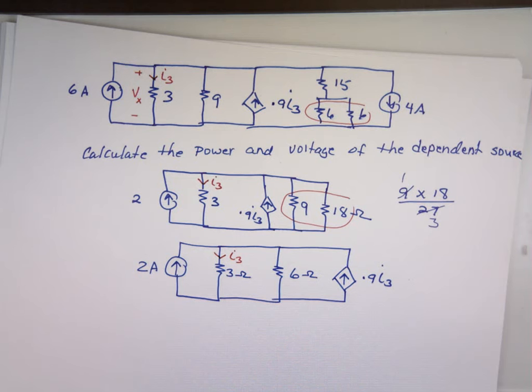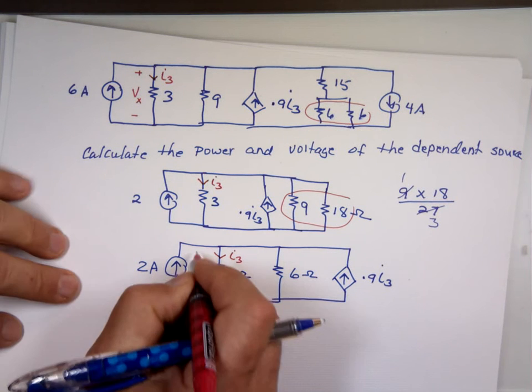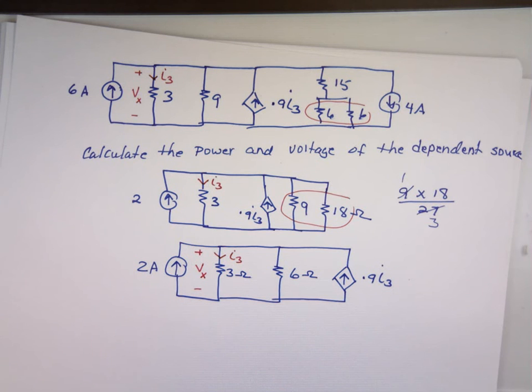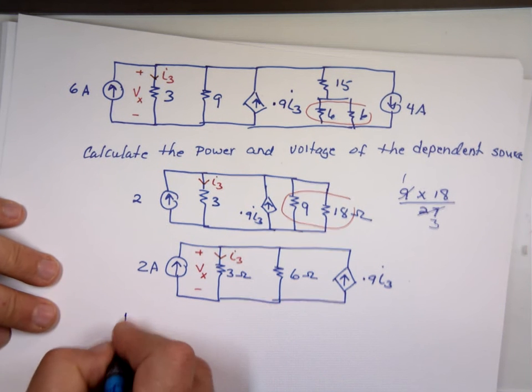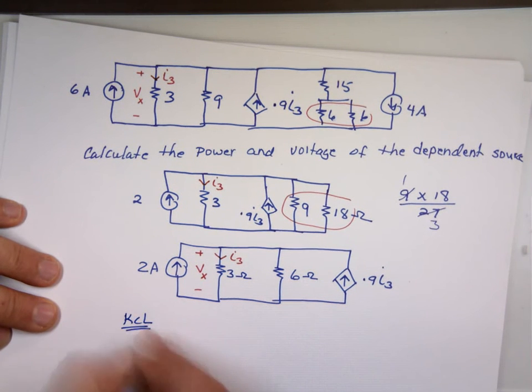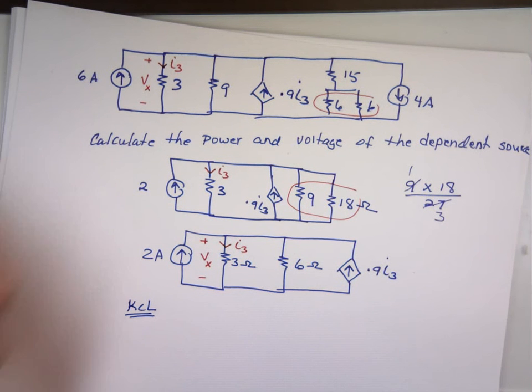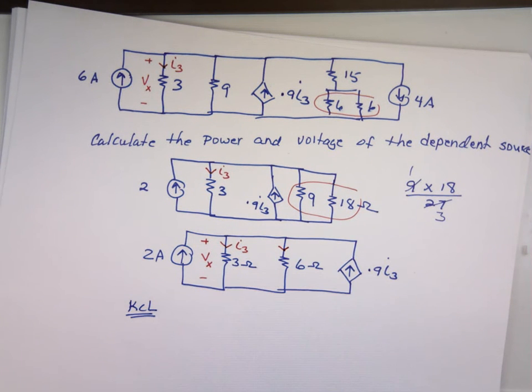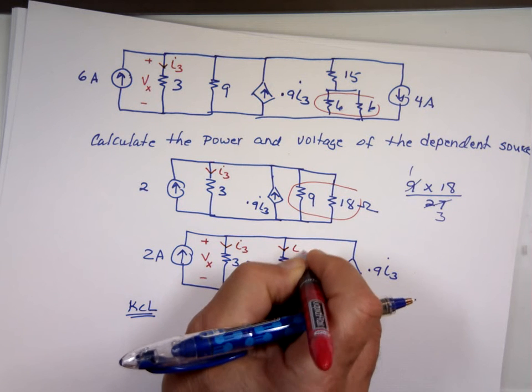This is Vx, a single node. Now, the top, if I don't count the bottom, the ground. KCL. The current in, what's going in? 2, and let me define this current coming down. We'll call it Ix, because it doesn't have a name.